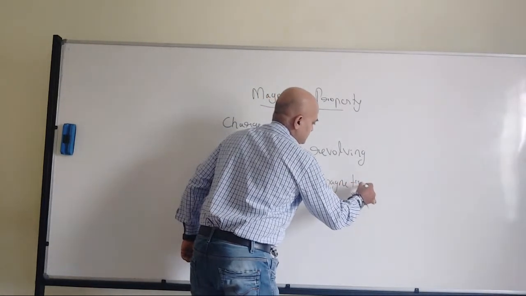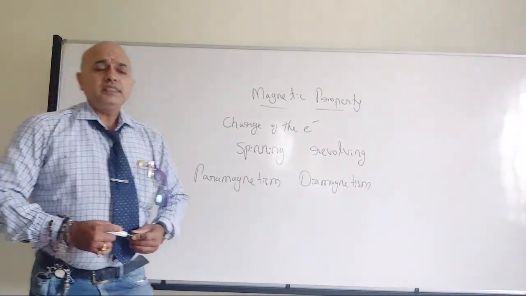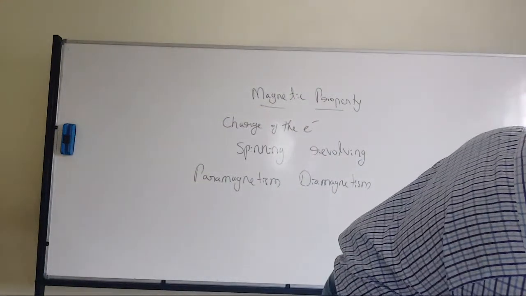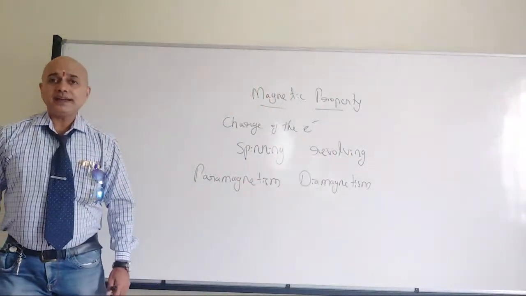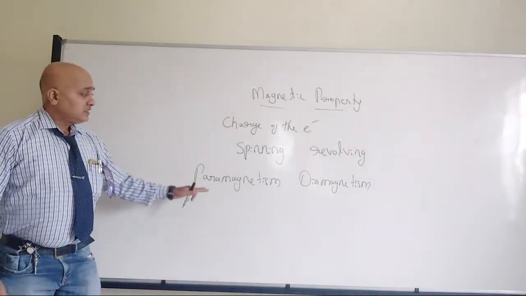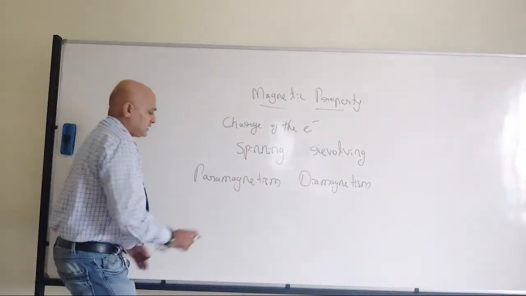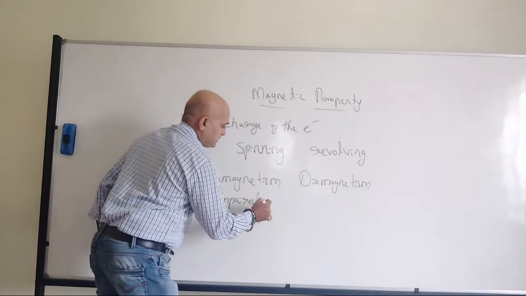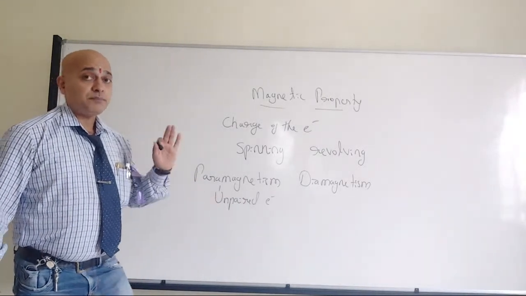Now, one of the common features, I am not telling it is universal, with respect to paramagnetism and diamagnetism here is, when it comes to paramagnetic elements, they should have unpaired electrons, at least one or more than one unpaired electron, minimum one should be there.